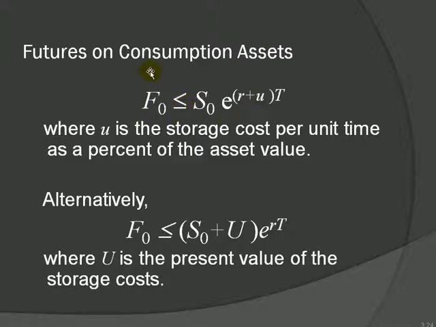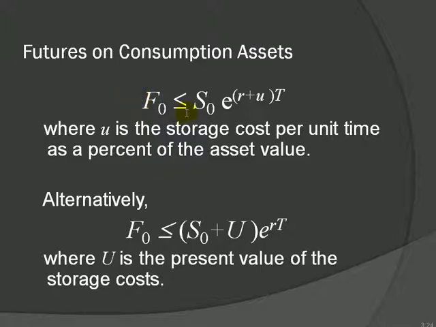The reason is, in the case of a consumption asset, in order to get rid of this inequality, people would have to short sell the relatively expensive spot asset.